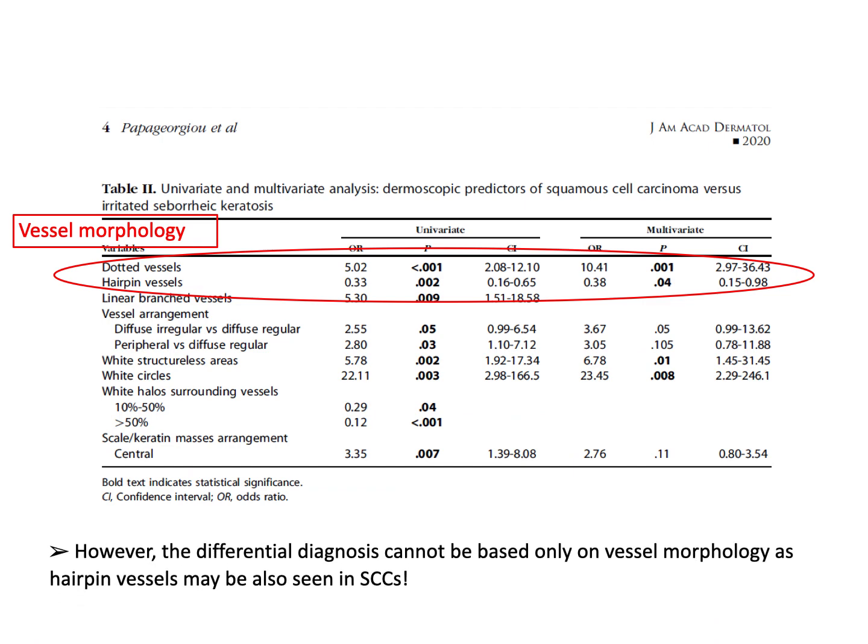Although polymorphous vessels may be seen in both lesions, when dotted vessels are present, we should think of an SCC. In contrast, when we see hairpin vessels, we should think of an irritated SEBK. However, the differential diagnosis cannot be based only on this, since hairpin vessels may also be seen in SCCs.